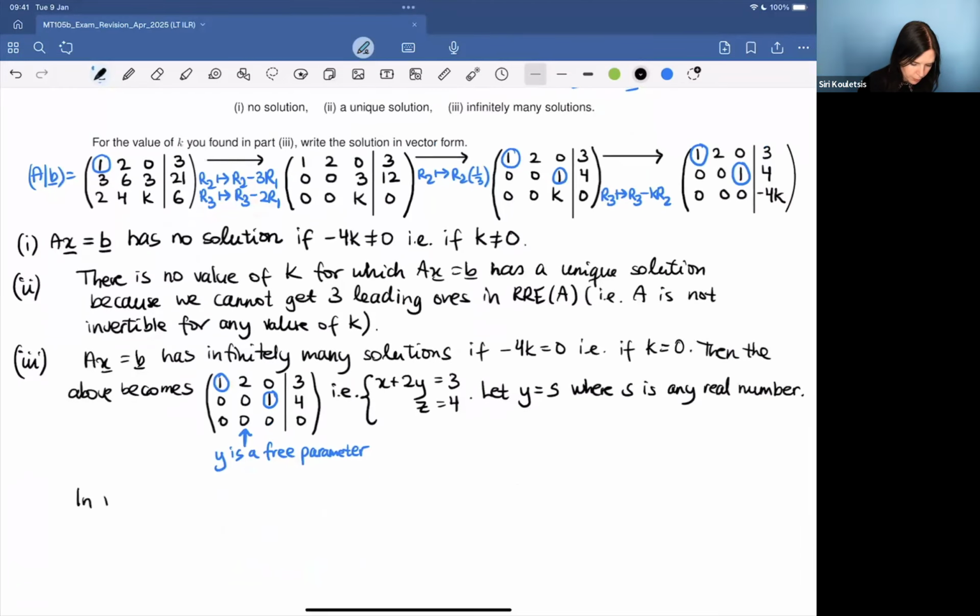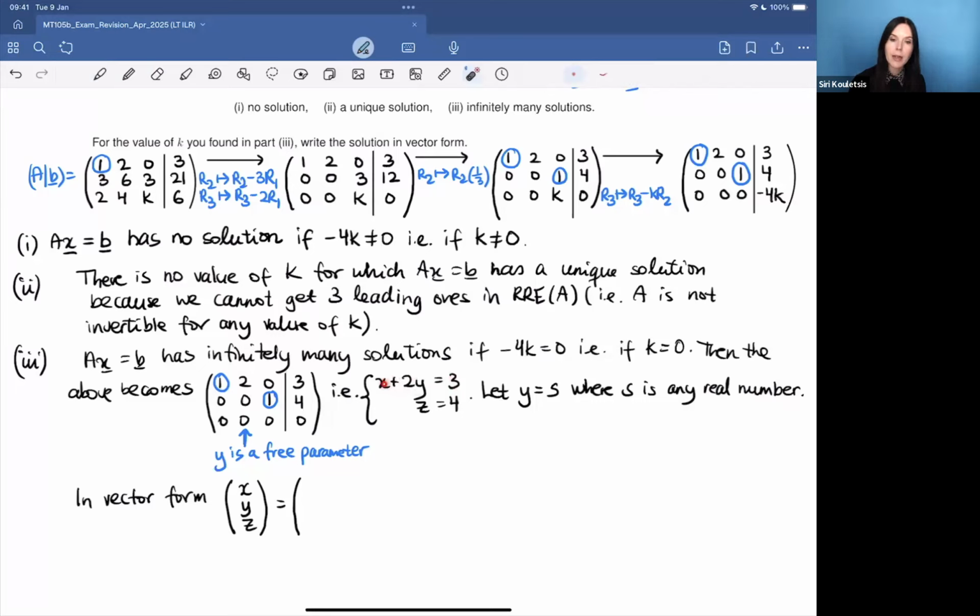And so in vector form, we have the solutions for x, y, and z here as follows.